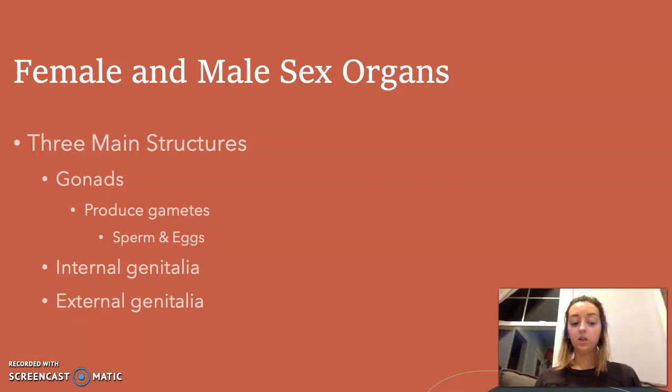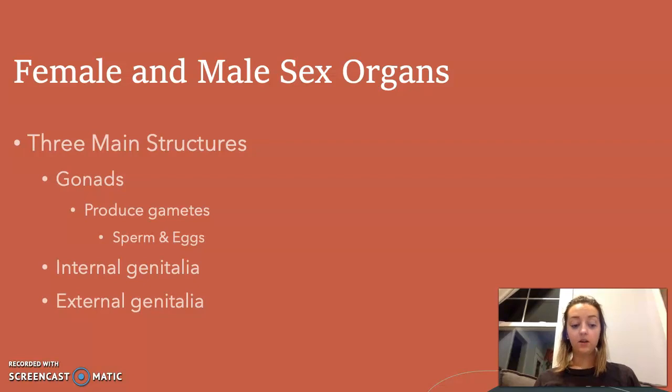There are three main structures of the female and male sex hormones: the gonads, the internal genitalia, and the external genitalia. The gonads produce gametes, which are the cells that create new human beings when combined together. In females, the gonads are the ovaries, which produce ova, the eggs.